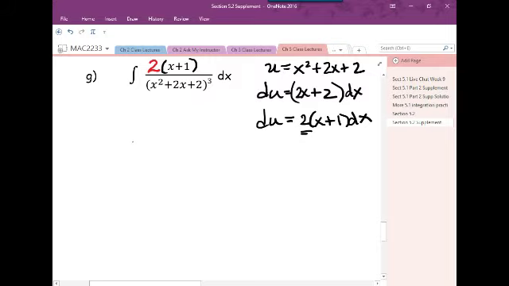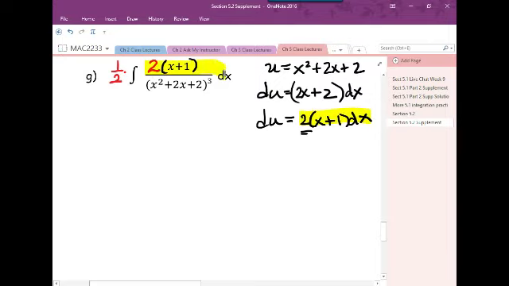So I've essentially multiplied the integral by 2, which I don't want to do, because I want to have the same value in the end that I started with. So to compensate, I'm going to multiply by 1/2 on the outside. 1/2 times 2 is just 1, and we can always multiply by 1 without changing the value of the expression. So now we have our differential du, 2 times x plus 1 dx.